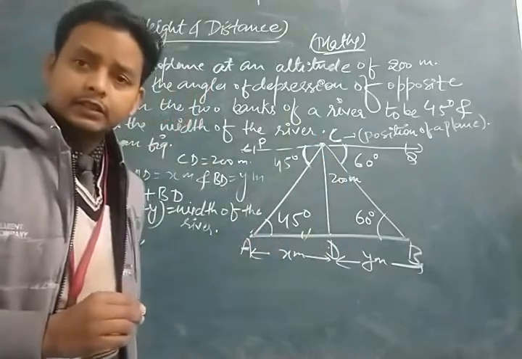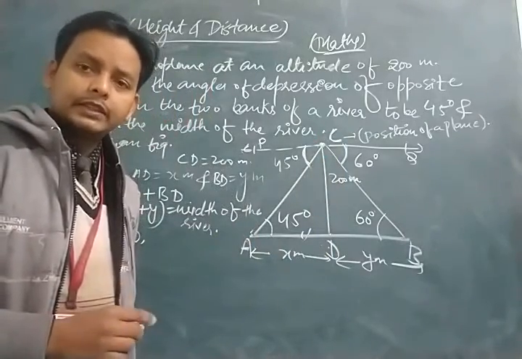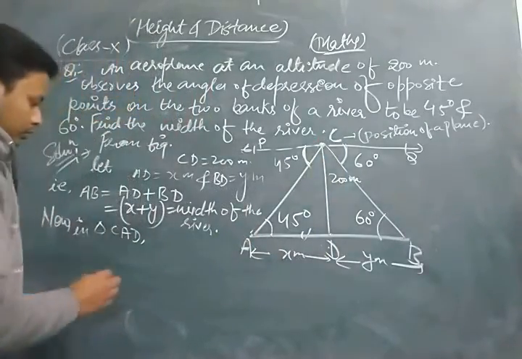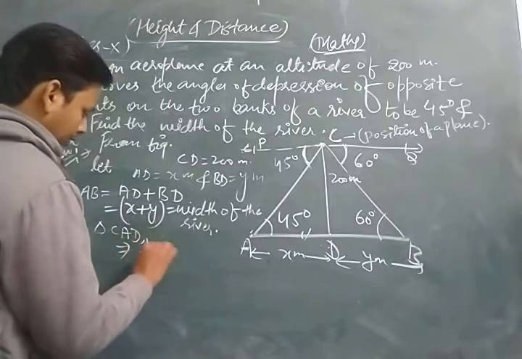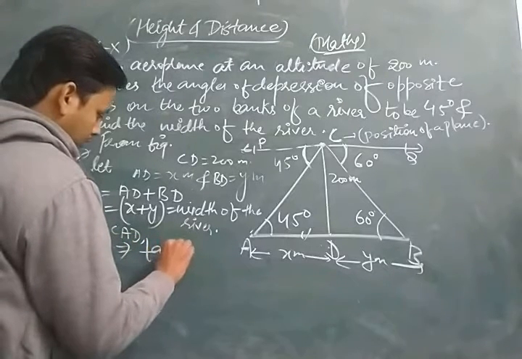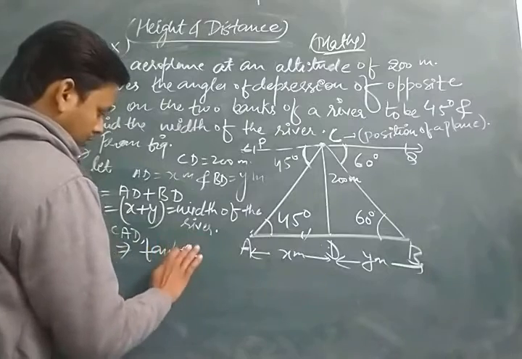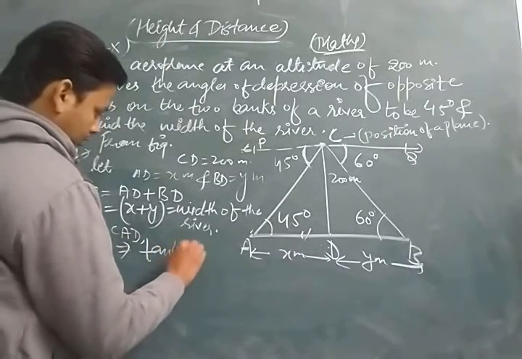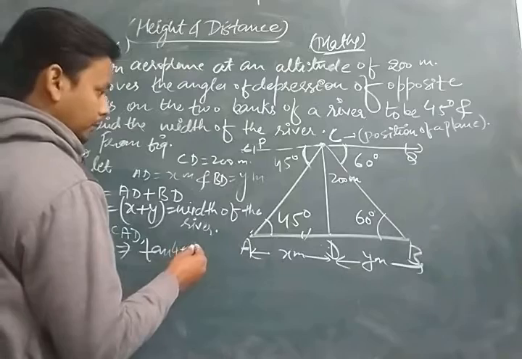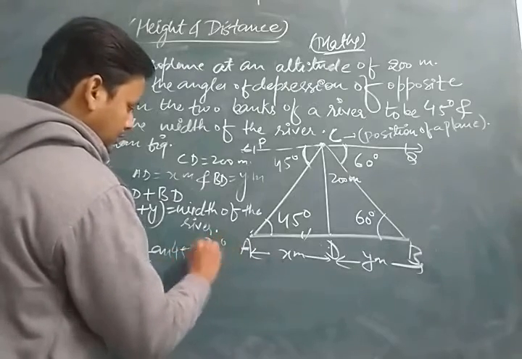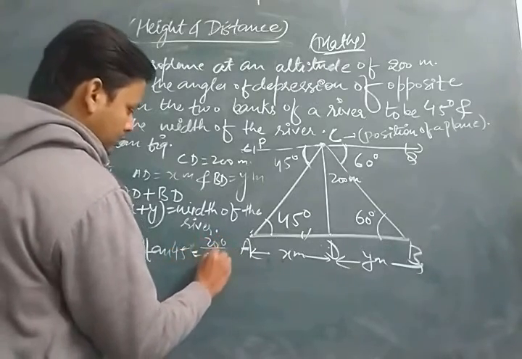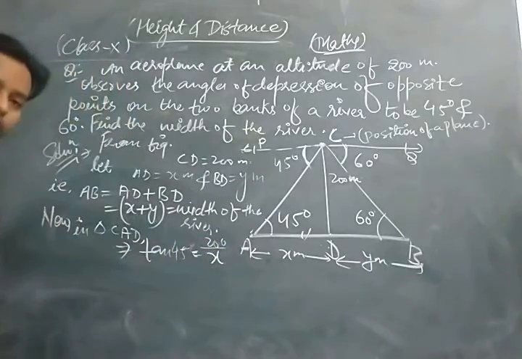So we apply the tangent rule, which means tan theta is perpendicular upon base. So tan 45 is perpendicular, that is 200, upon x.